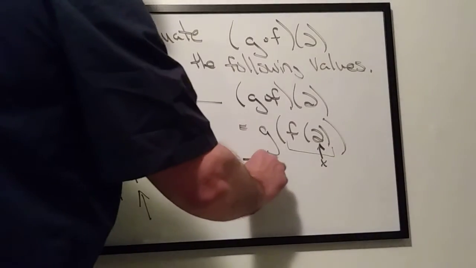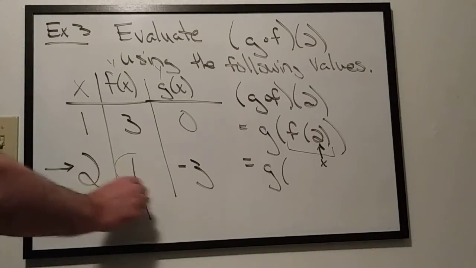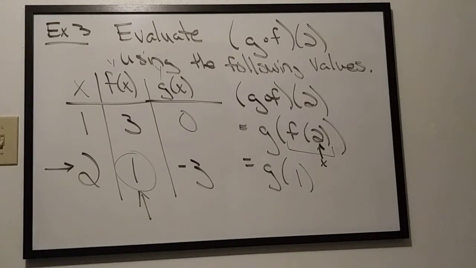So I can make that substitution and say that F of 2 is exactly the same as this number 1. So now that I've done that, I've made my problem a little bit simpler. Now instead of G of F of 2, this is now just G of 1.